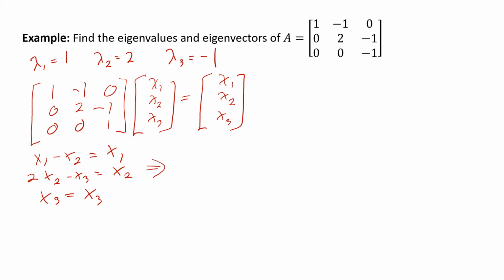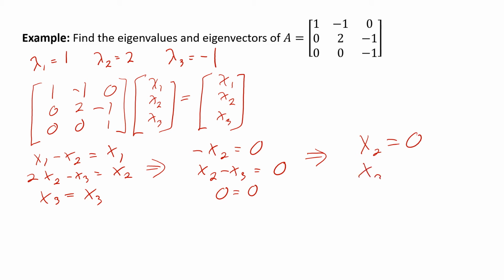Or write it again as, well, the x1s disappear, so you get negative x2 equals 0. You get x2 minus x3 equals 0. And we get, for the last one, 0 equals 0. What does this tell us? This means that x2 equals 0 from that first one.